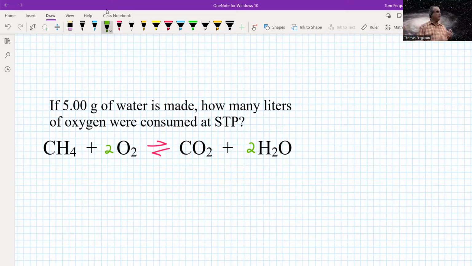Okay, given is 5 grams of water produced. How much oxygen is consumed?